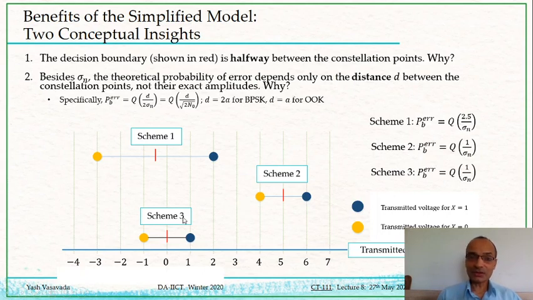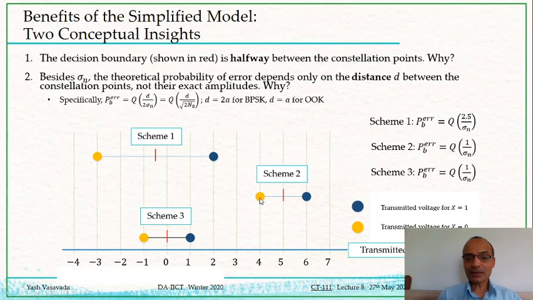Which is more efficient? Which uses less energy per bit on average and still gives you the same performance? Well, the answer is that obviously scheme 3 is preferred compared to scheme 2. Why? Because the average energy per bit for scheme 2 is going to be larger compared to the energy for scheme 3.